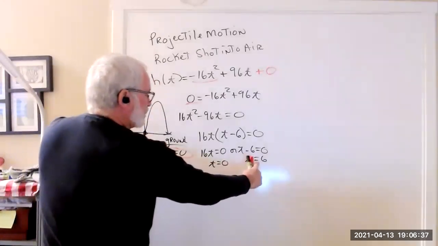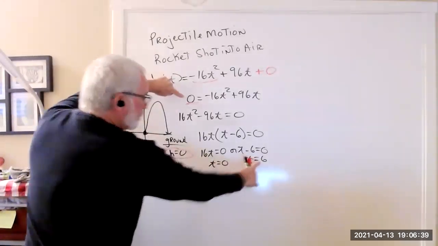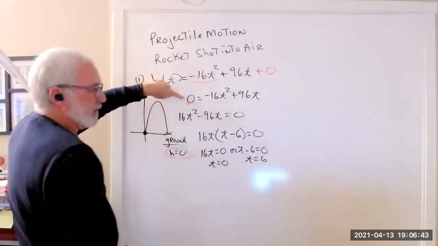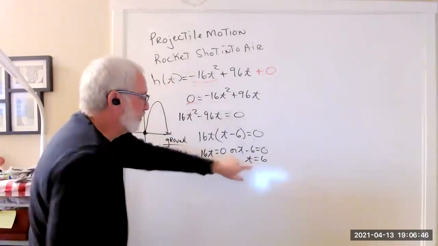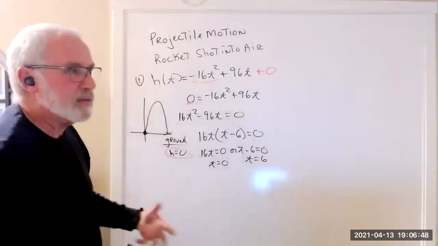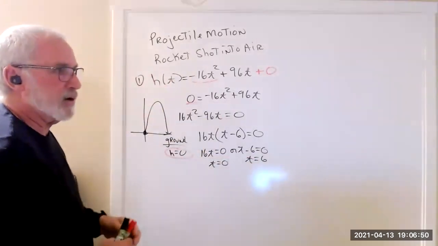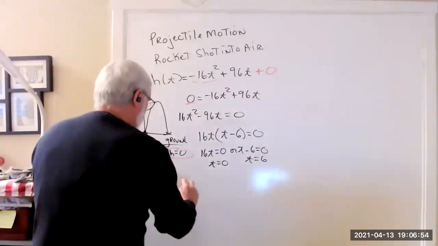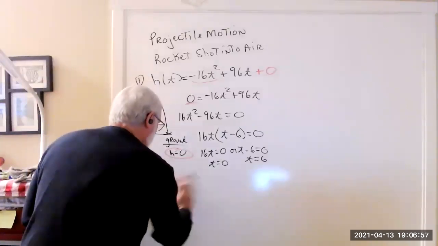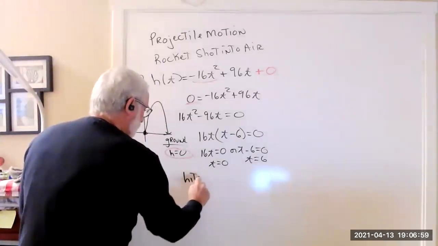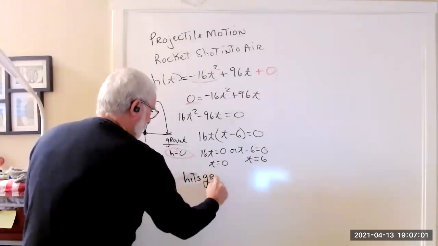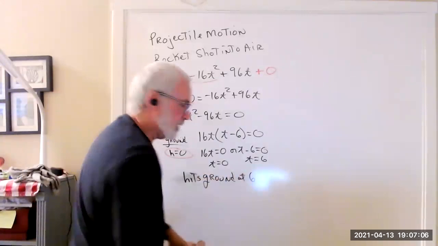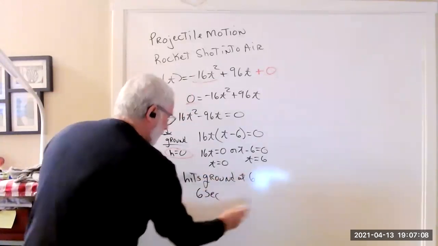So when time was 6, height was also 0. That's what all of our algebra is trying to tell us. The question says, when does it hit the ground? It hits the ground after 6, I think the units were seconds. Yes, 6 seconds.